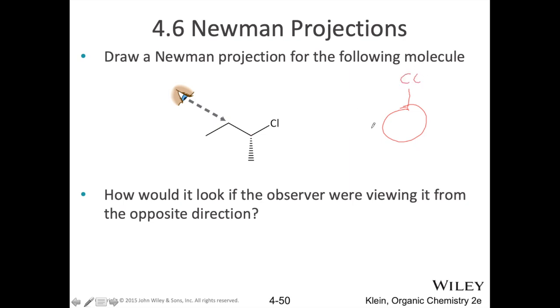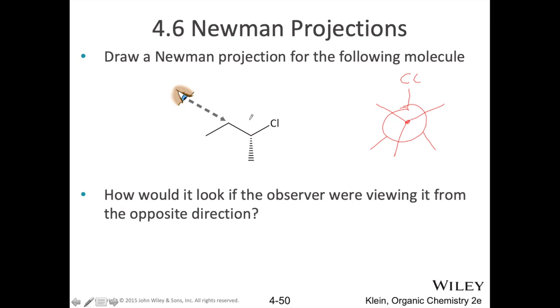Now, because sp3 carbons are tetrahedral, we're going to have two groups here and here. And on the carbon that's closer to us, notice that this methyl group is pointing downwards, and that's in the plane of the paper. So that's going to be down here, and we're going to have two other bonds coming off of it here and here. So we're starting off with this general template.